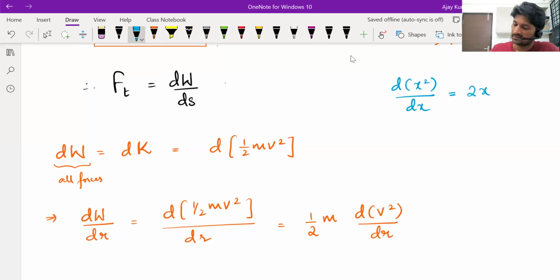Okay. Then what is the derivative of x square with respect to some other variable, say time? You are differentiating a function in one variable with respect to some other variable. What rule of differentiation should you apply, and what is the answer?